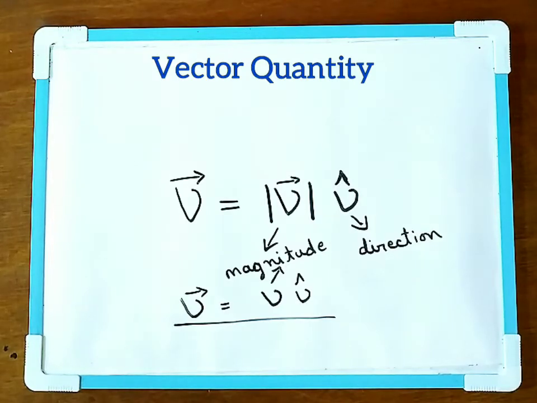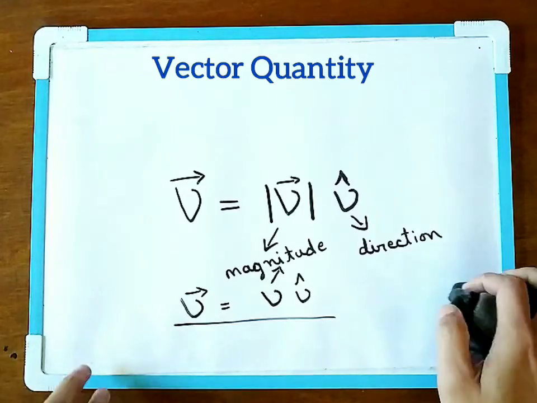For example, for acceleration you have A vector equal to A times A cap. Displacement also you can write as S vector equal to S times S cap, or any vector for that matter can be represented in this way.